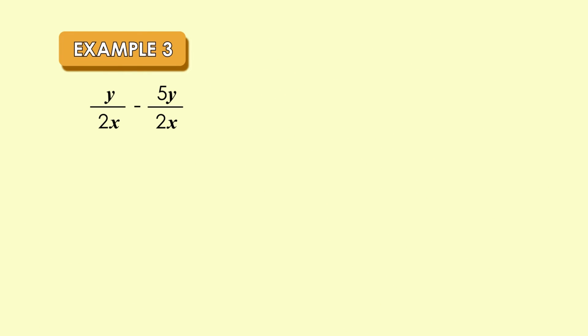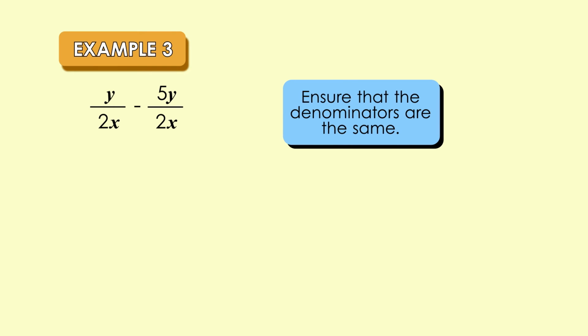Let's look at this example 3, which is an operation involving algebraic fractions. Remember, we have to ensure that the denominators are the same. Here, the denominator of the first term is 2x, and the denominator of the second term is also 2x.